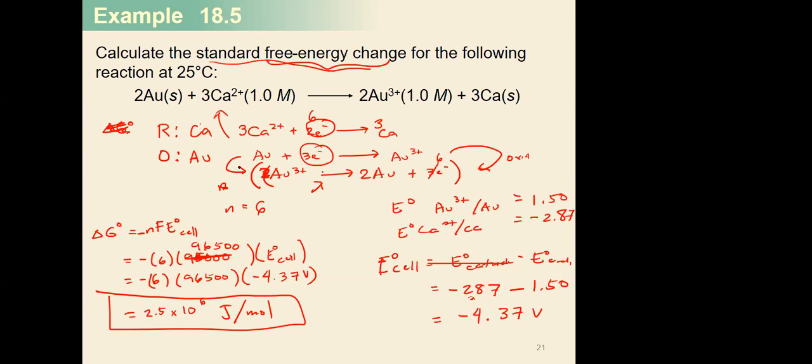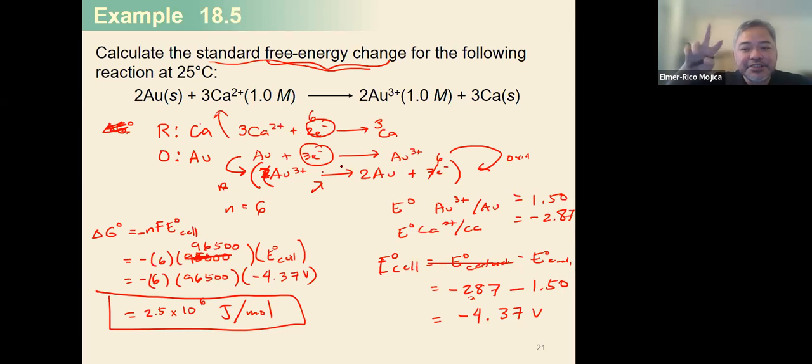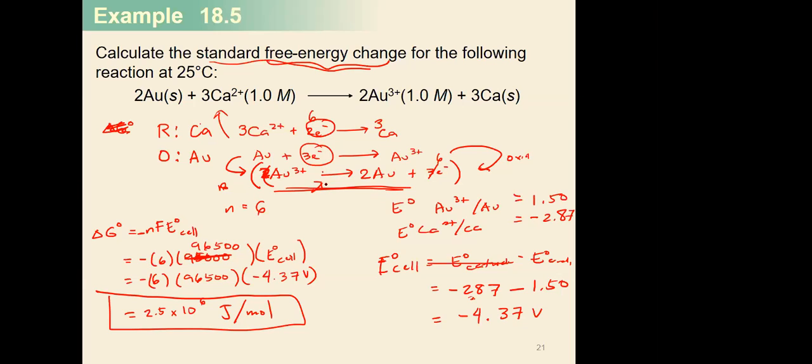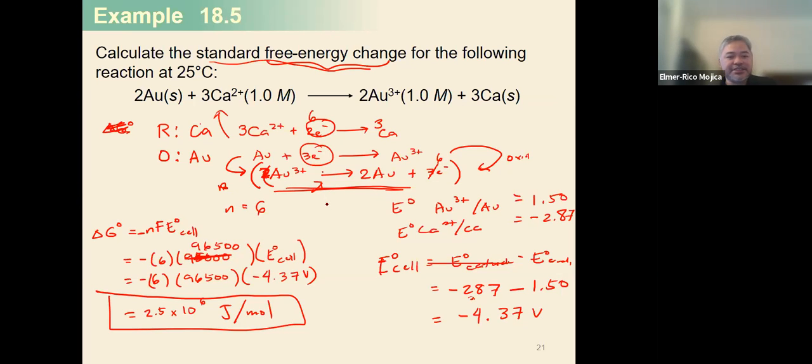Look here. See that below it? I reverse it. I have 2 Au 3 plus plus 6 electrons giving 2 Au. Do you see it? Underline it now. Do you see it? Electrons are removed from gold to make it 3 plus. No, I reverse the reaction.